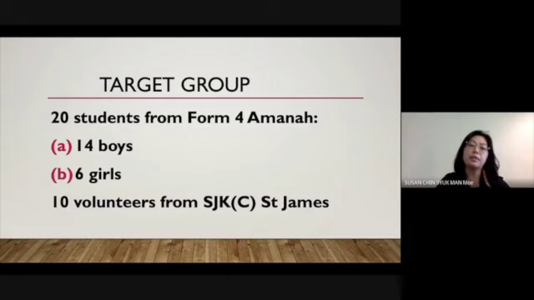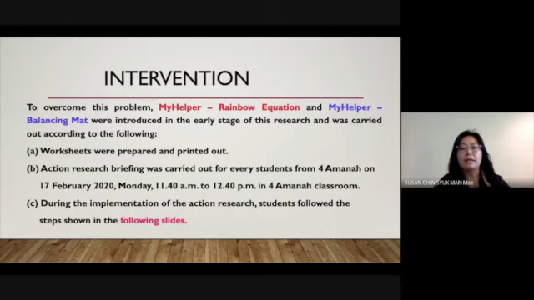The difference between the target group students: my Form 4 students have to complete 10 equations, and for the 10 volunteers of primary 3 to primary 6 students, they only need to do 5 balancing equations.